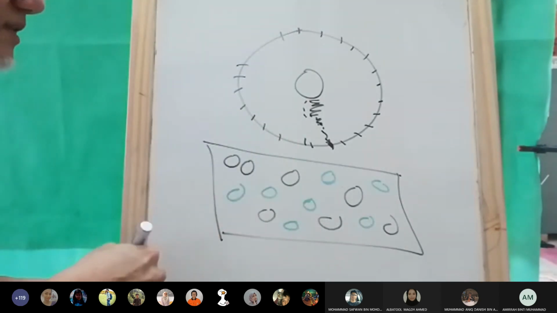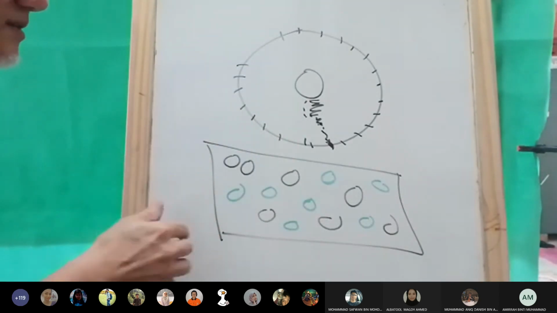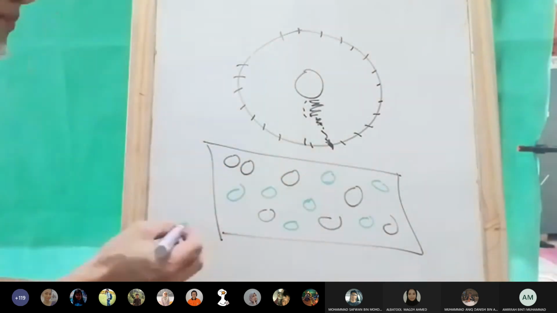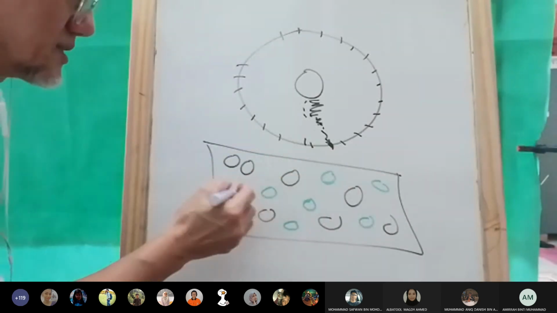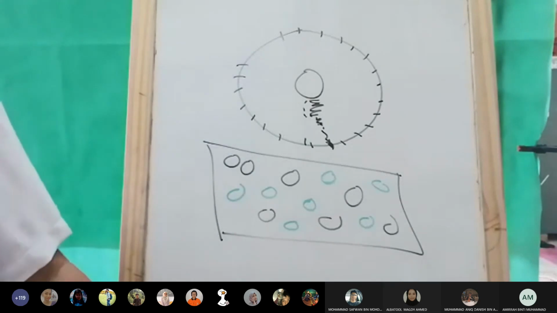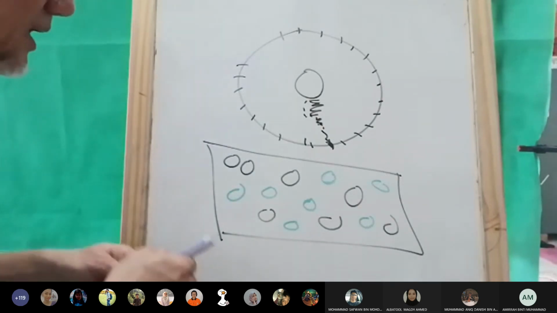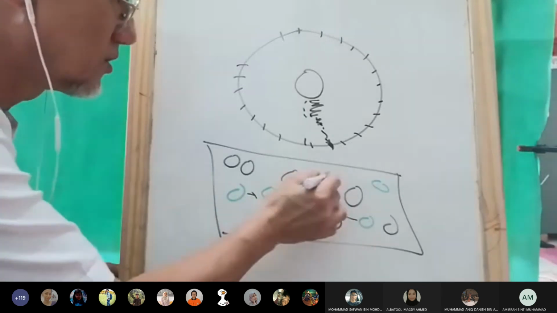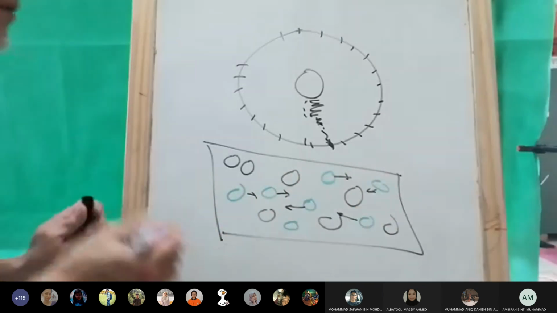This is how the cell looks, with a lot of proteins stuck in there. And these proteins are not static. Later when we talk about the plasma proteins, they are also moving as they go about. They are not fixed to one place.